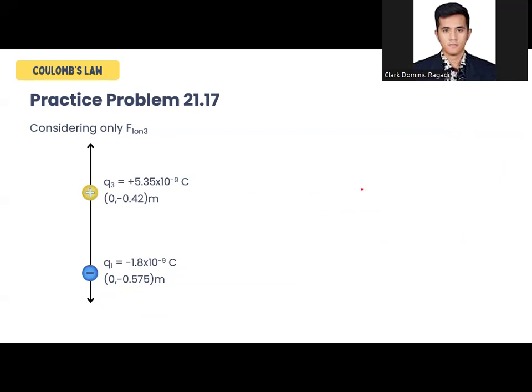Charge 3 is positive and charge 1 is negative. Therefore, the direction of our force should be towards charge 1. So F1 on 3 should be directed towards charge 1. Okay, so let's start to solve for the distance between Q1 and Q3.